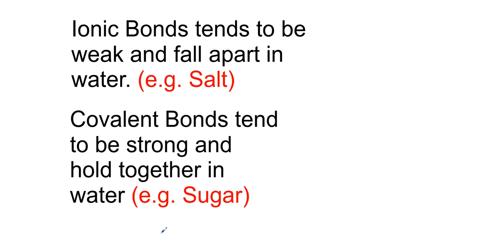What do we know about ionic bonds and covalent bonds? Well, ionic bonds are fairly weak bonds. So when you put things in water, they kind of fall apart right away. A really good example is salt, which is the last molecule we talked about, sodium chloride. The minute you put that in water, it kind of falls apart into sodium and chloride, right? It's not a very strong bond.